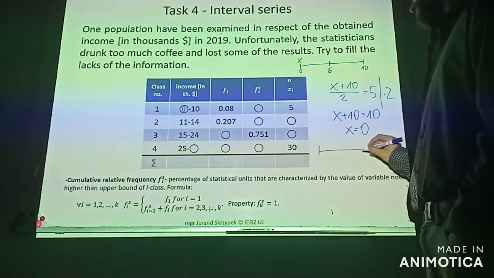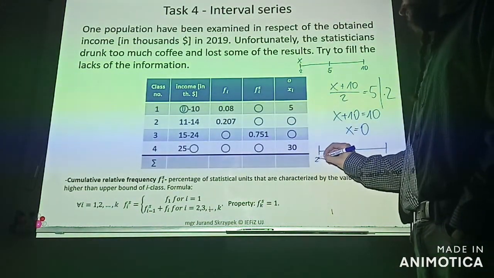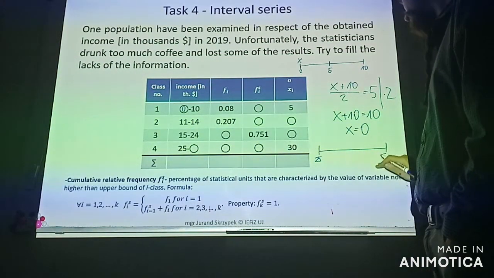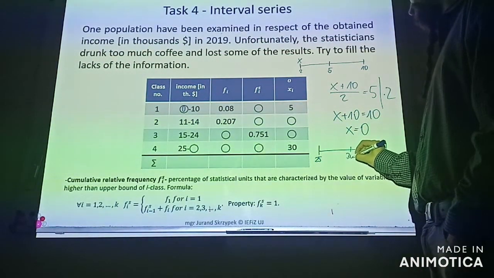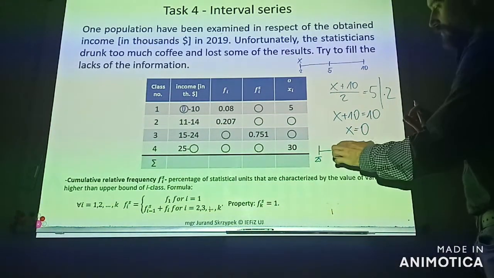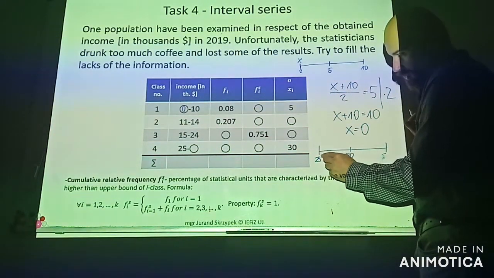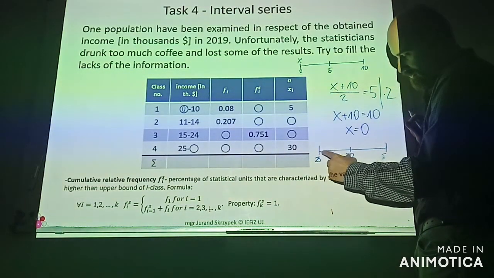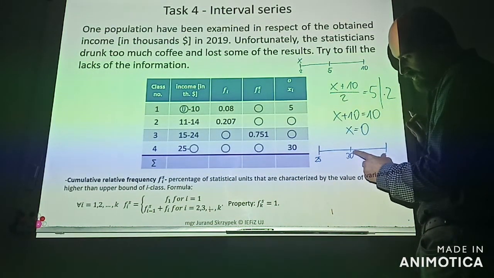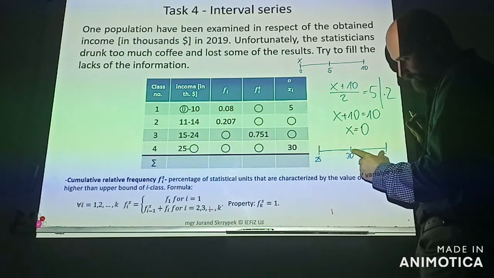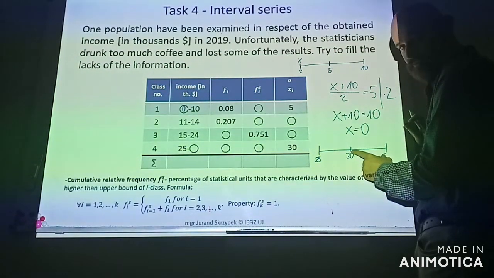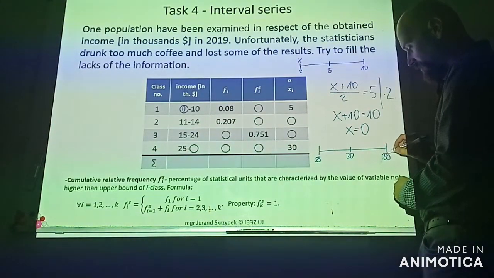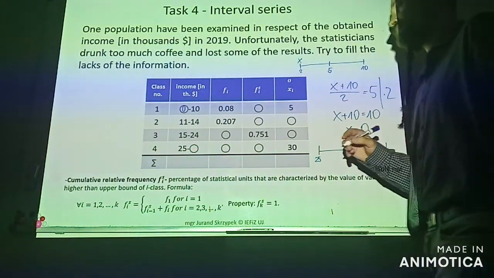We know the lower bound of the class and the middle of the class. So the distance between the lower bound and the middle of the class is the same as from the middle of the class up to the upper bound of the class. So if the distance is the same, the upper bound of the class is 35.